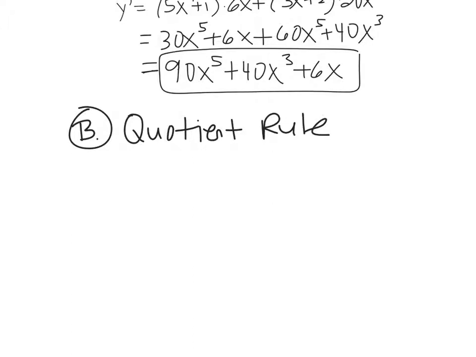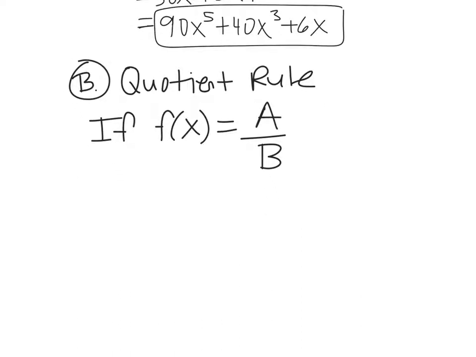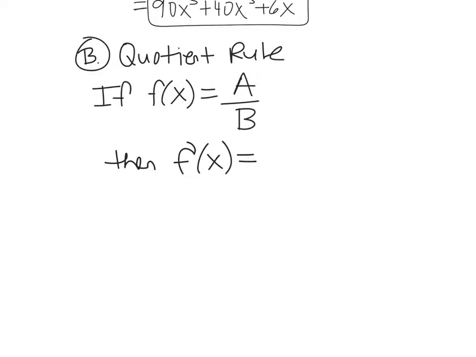Okay, so now we have if f of x equals a over b. So we have a function over another function. Then f prime of x is going to equal, and the quotient rule is a little harder, okay? This is what the quotient rule is.